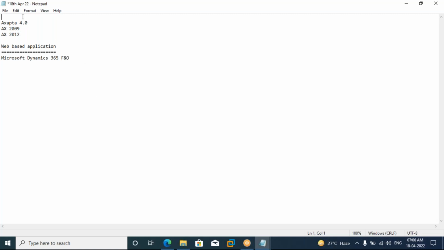The same application, these are desktop applications. Okay, so from AX 2012, the D365 application changed. This is a web-based application. This is a desktop application. Okay, fine.